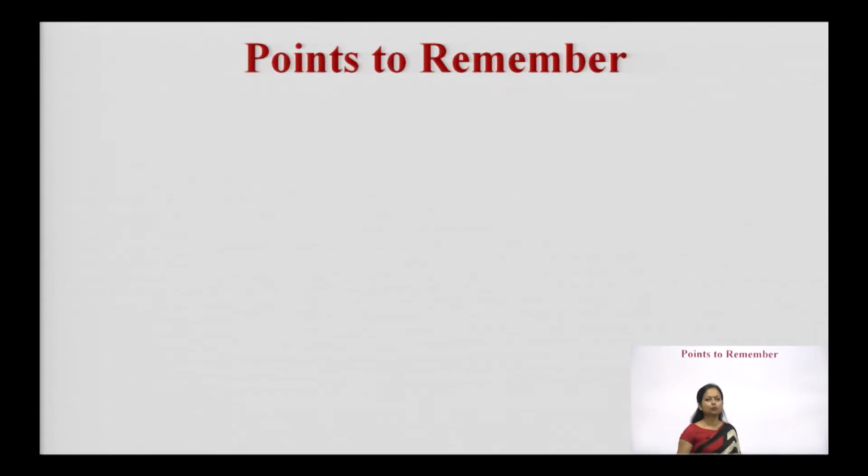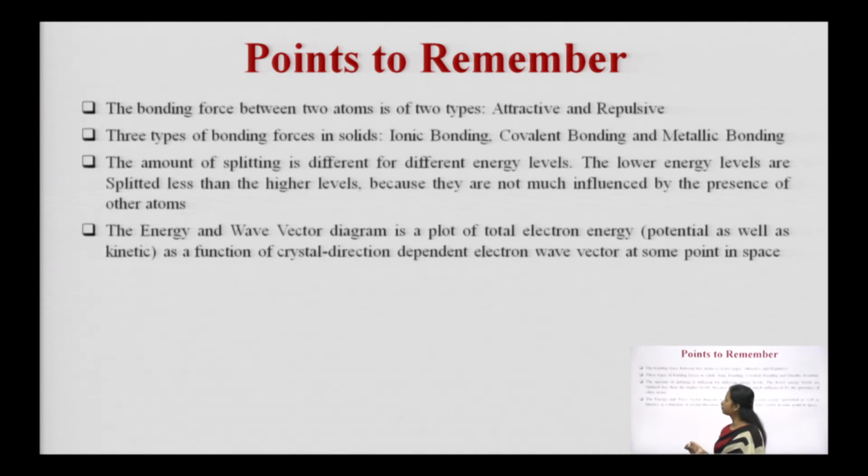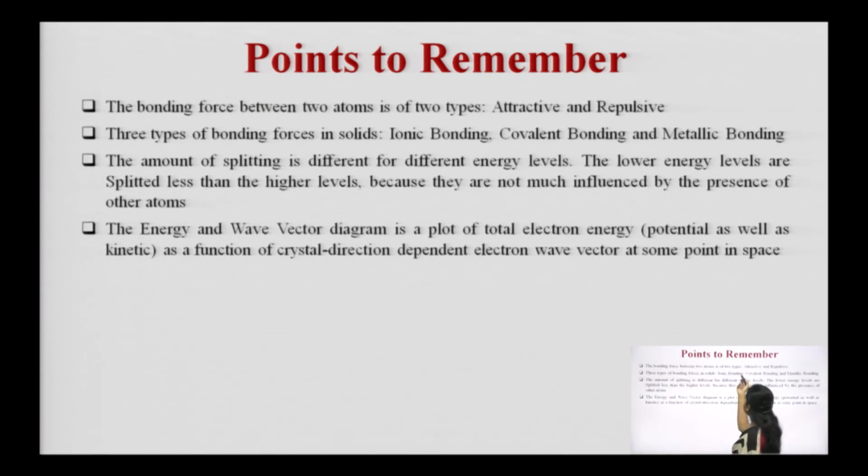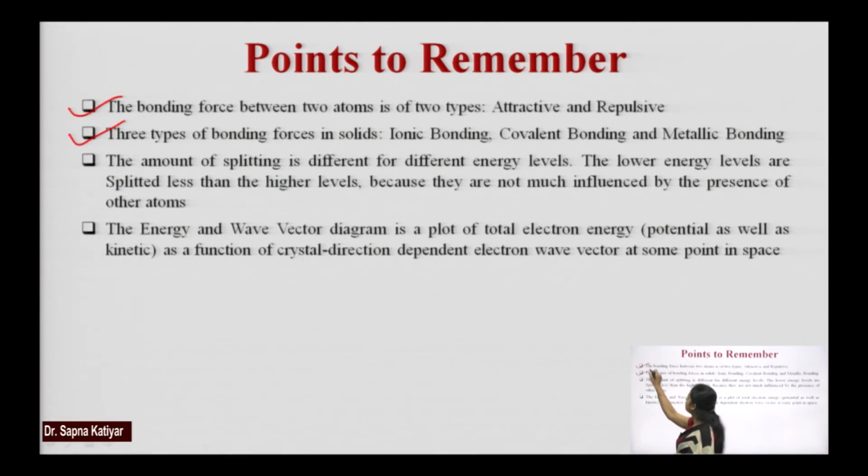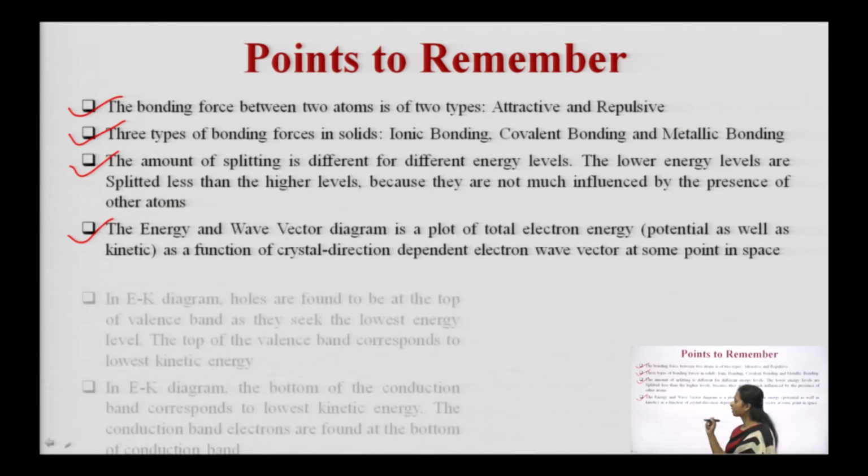Now, let us revise some of the important points which you have studied in today's lecture. Bonding forces between the two atoms may be attractive or repulsive. You have studied three types of bonding forces. You have studied the concept of splitting. Then energy wave vector you have studied, which is a function of crystal direction.